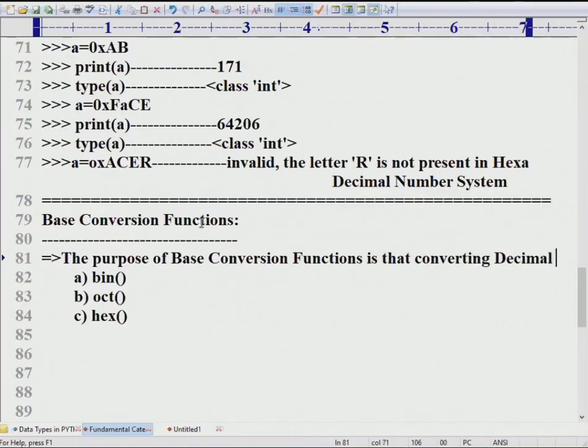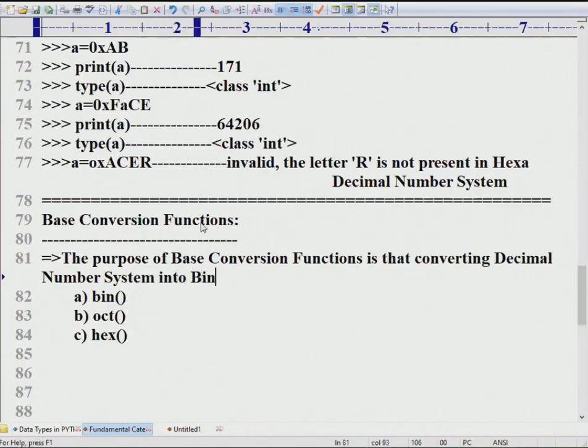Decimal number system data into binary, octal and hexadecimal number system.